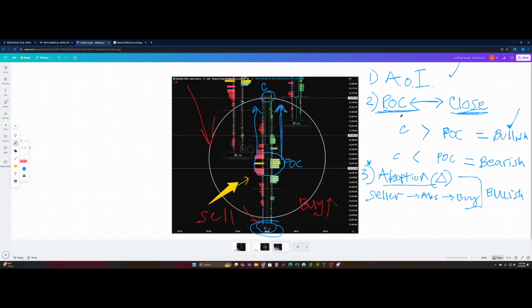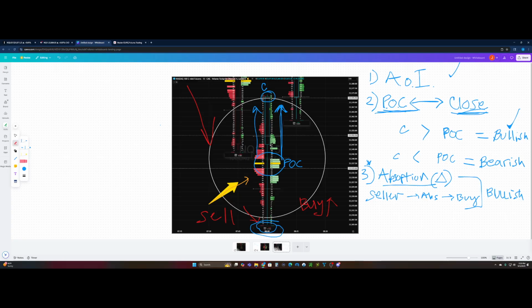So just to review, we have an area of interest, potential reversal, right? We don't know. Next level of confluence, we have the close versus the POC. Again, because of what we see here, bullishness. Third confluence that we're going to add on, we see an absorption of the sellers, a negative delta, but a positive candle, right?